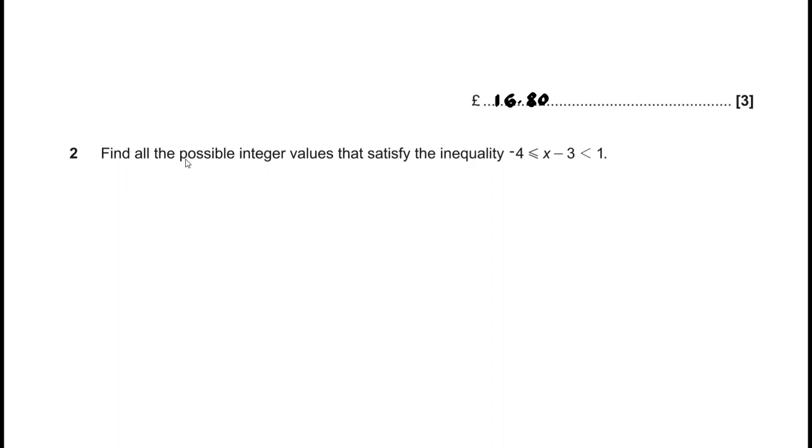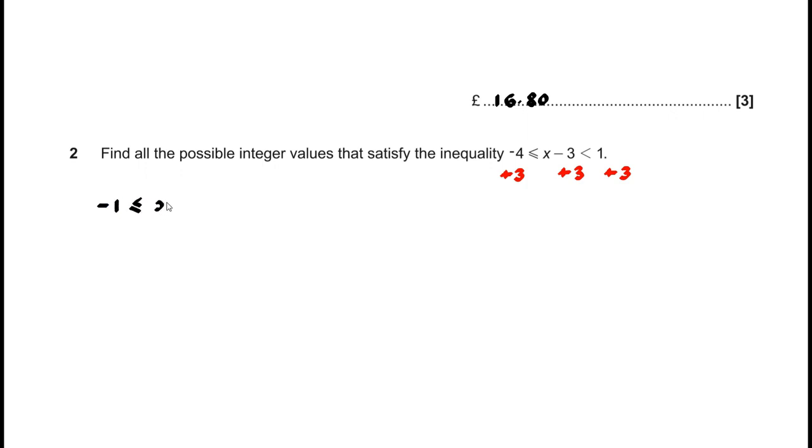We have to find all the possible integer values that satisfy the inequality -4 is less than or equal to x subtract 3, which is less than 1. If we add 3 to each side, then what we have is -4 plus 3, which is -1.